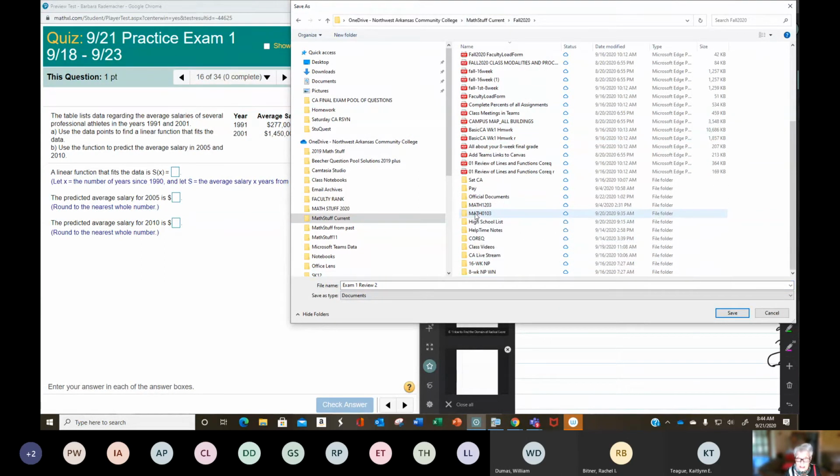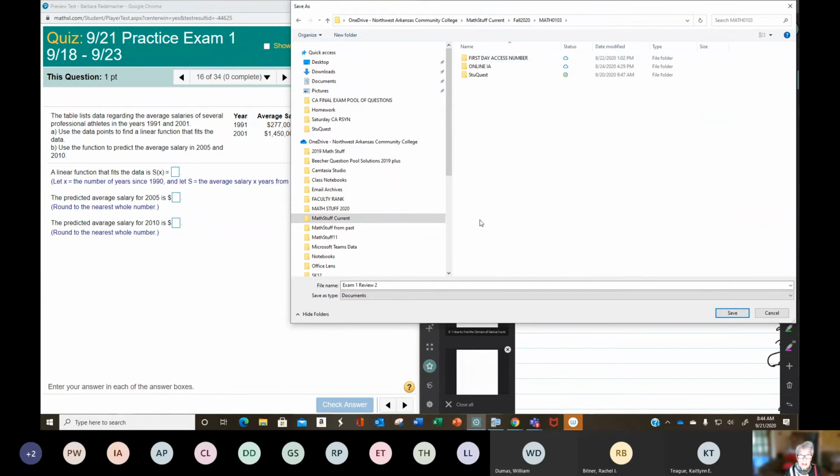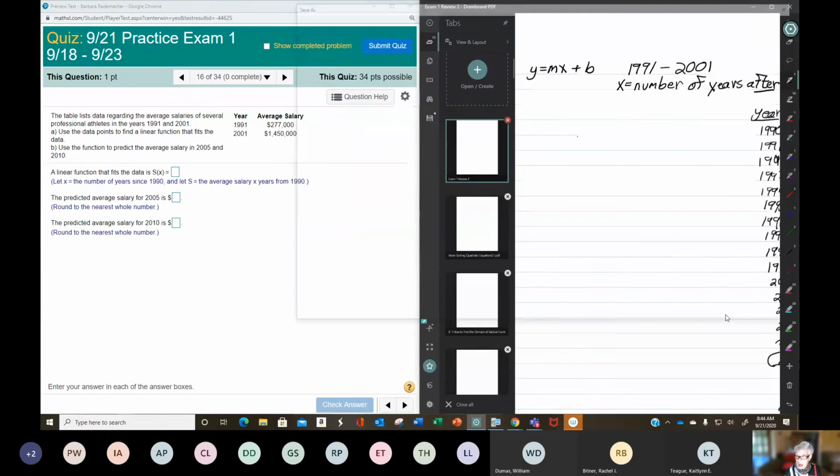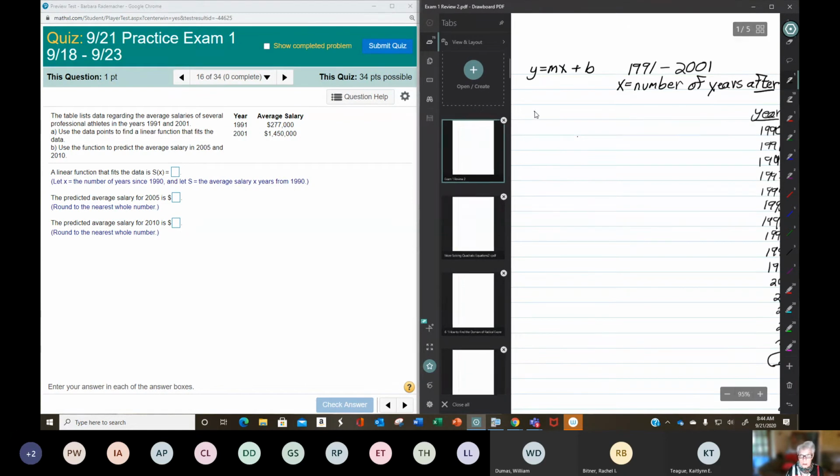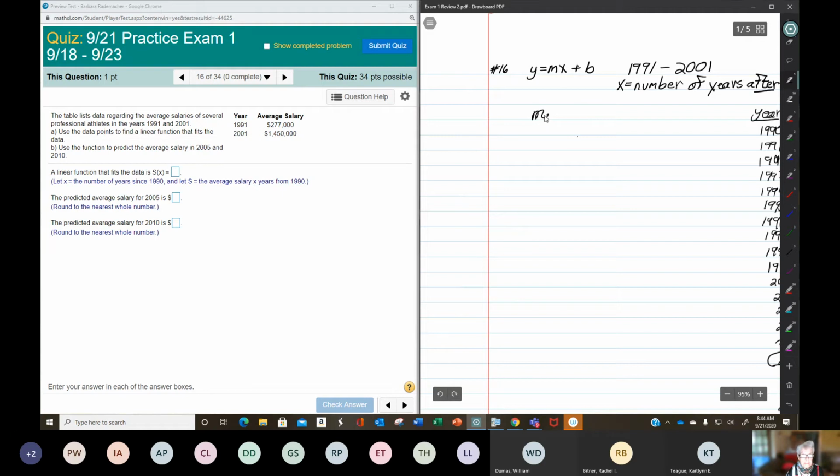Let me put this in the right place. If I take the time to put it in the right place, it will be better. Okay. Now, here we go. m. You always find m first because we have to find the equation of a line that has these data points. 1991, 277,000, 2001, 1,450,000.